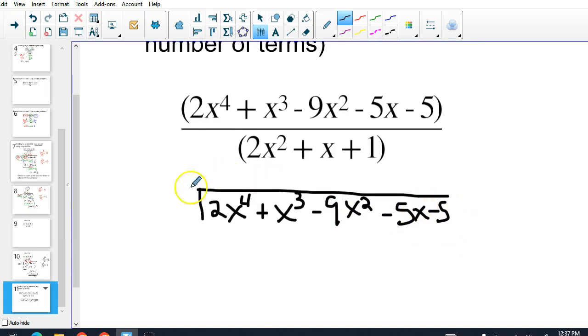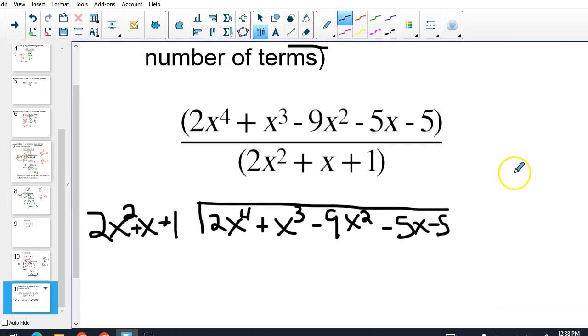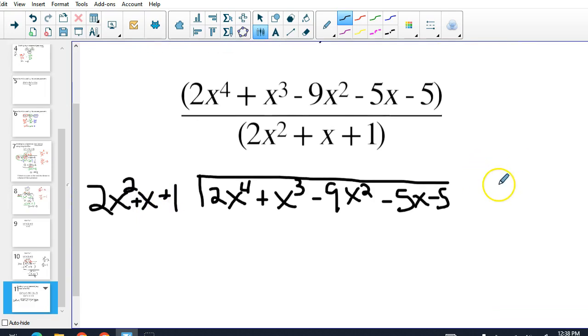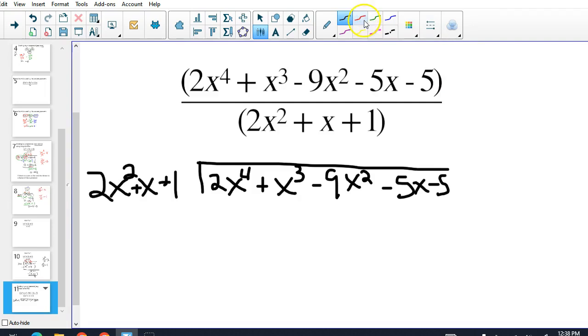Ooh, I do not like writing with this mouse. Alright, denominator goes on the outside. We get 2x squared plus x plus 1. Okay. This does look a little bit scarier, but it's the same process we have to follow.